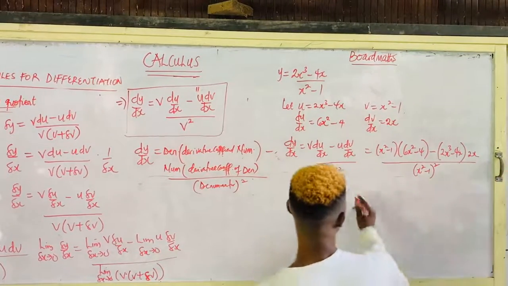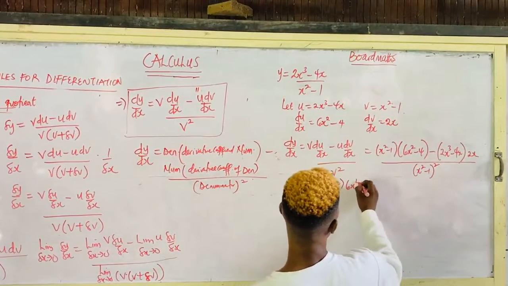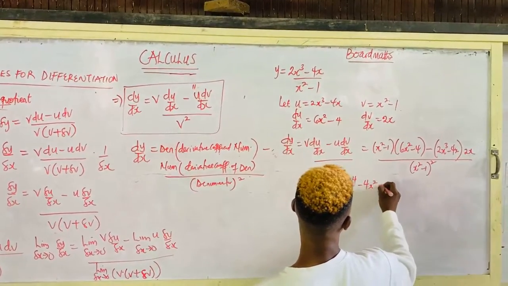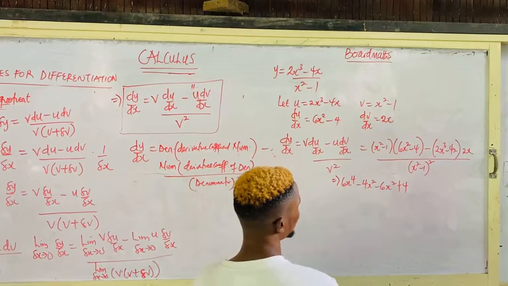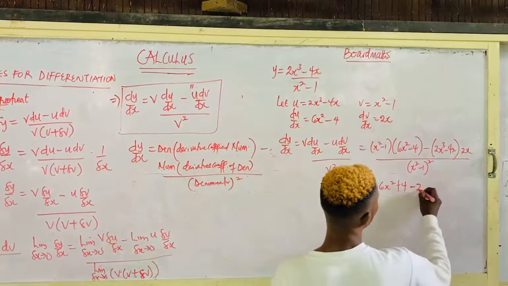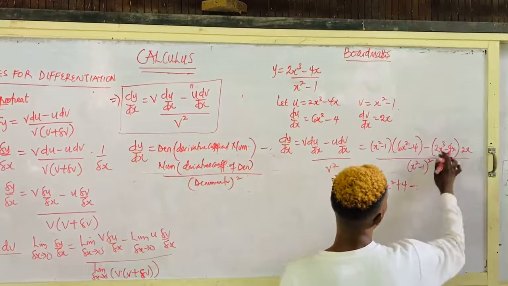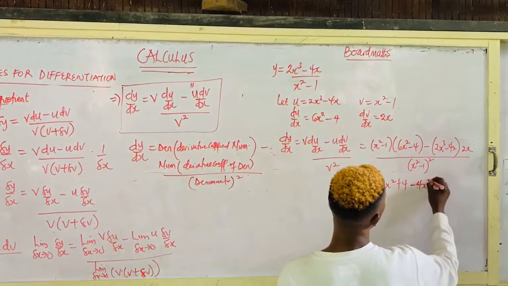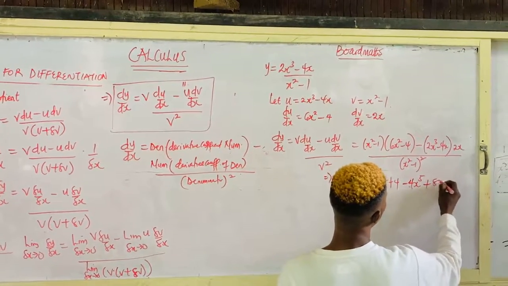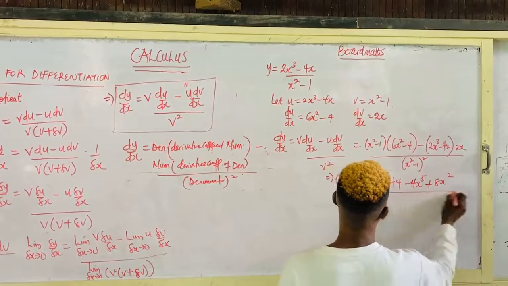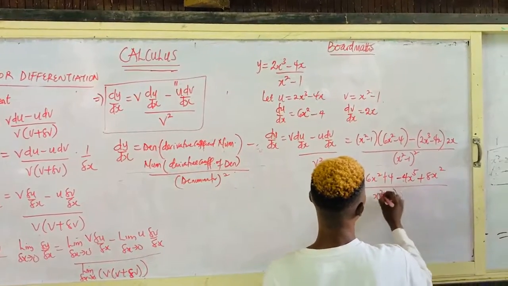So that gives 6x raised to 4 minus 4x squared minus 6x squared plus 4, minus 4x raised to 5 plus 8x squared, then over x squared minus 1 all squared.